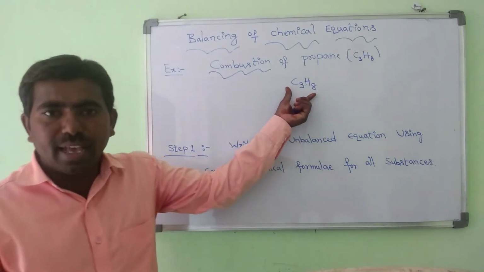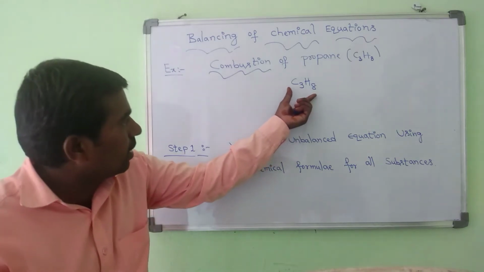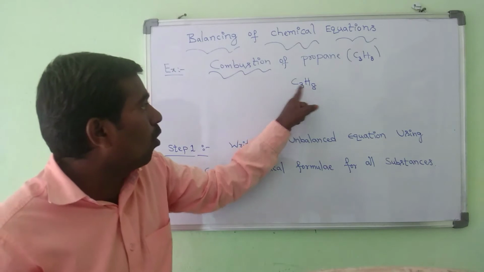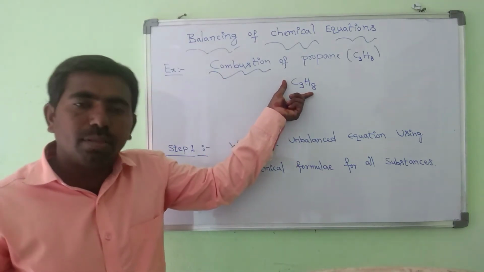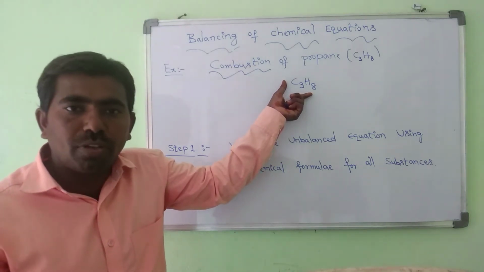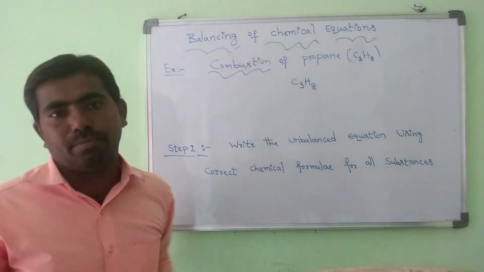It is a colorless gas and an odorless gas, and it is an organic substance and a hydrocarbon. Generally it burns in the presence of oxygen. It gives a large amount of heat energy. That's why it is used as a fuel.